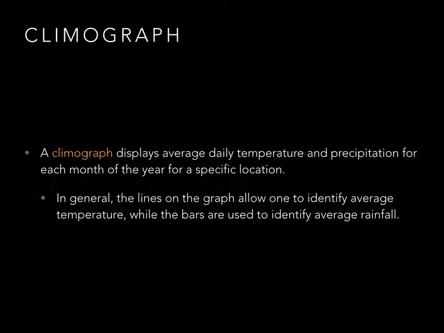If you know how to read a climograph, then you would want to look at one whenever you're traveling. If you're traveling to London in June, then you want to know what the average rainfall and temperature is so that you know how to pack. If you're going to Afghanistan, you need to consult a climograph. You need to know what the general weather is like.